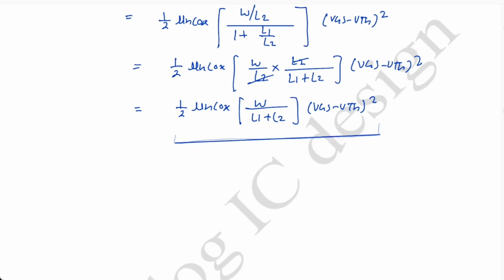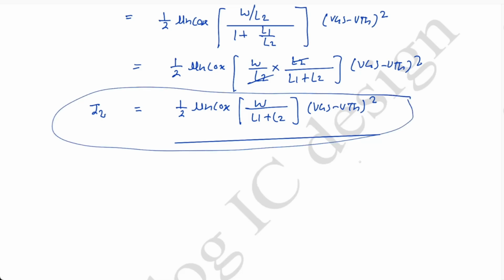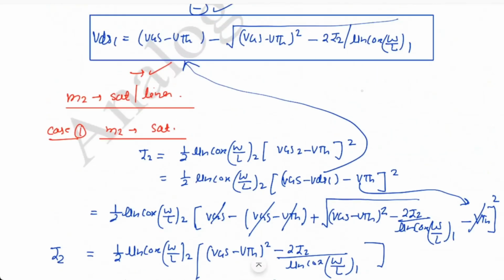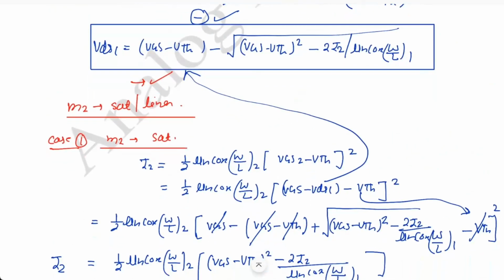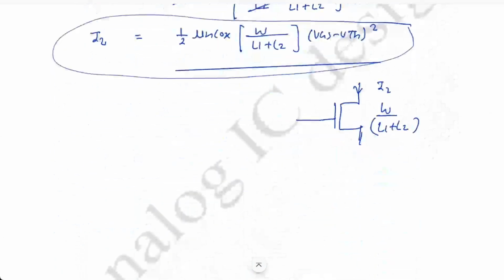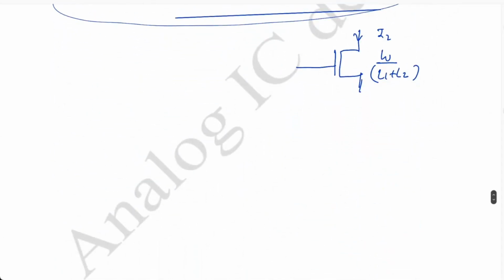Here you see this one is I2. So this equation represents the I2 current flowing through a transistor which has W by (L1 plus L2). So we proved that if M2 is in saturation, we can model it as a single transistor with width W and length L1 plus L2.